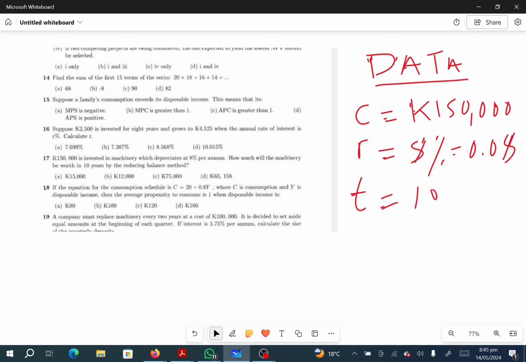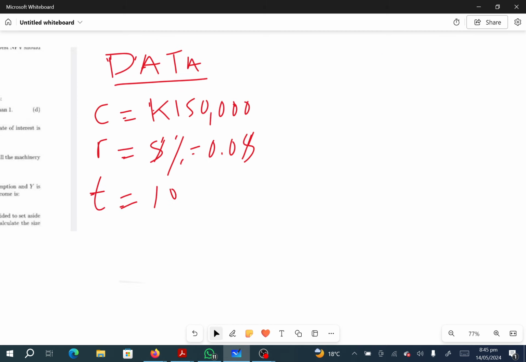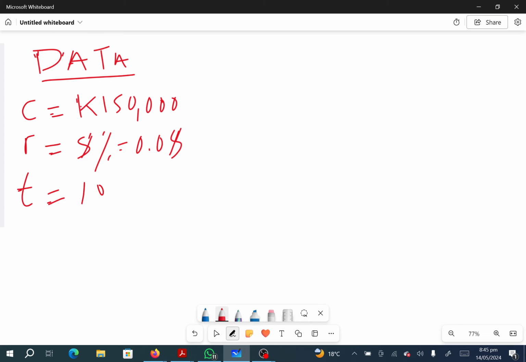So then we are told to calculate the reducing balance at 10 years. How much will the machinery be worth in 10 years? So we can now consider our book value formula.